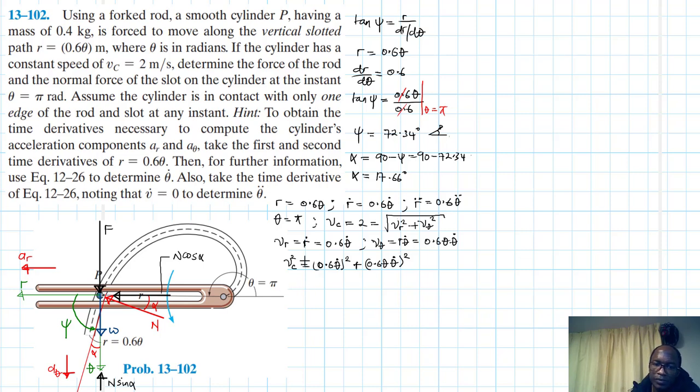So we are going to use this equation to find theta dot as well as to find theta double dot. So let's find this. Our VC is equal to 2.